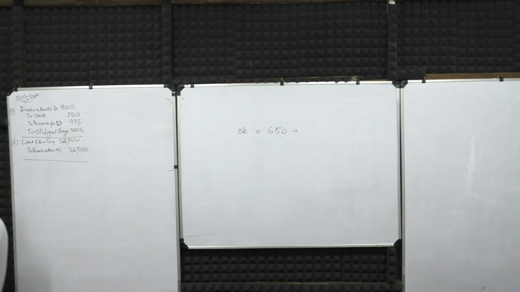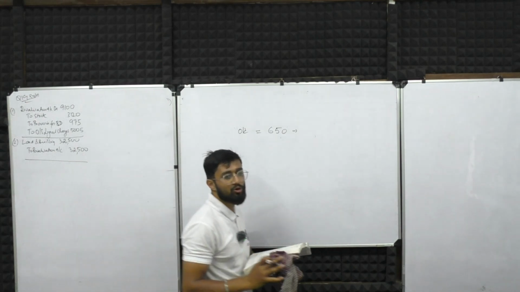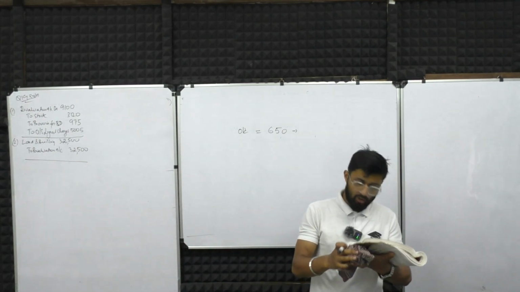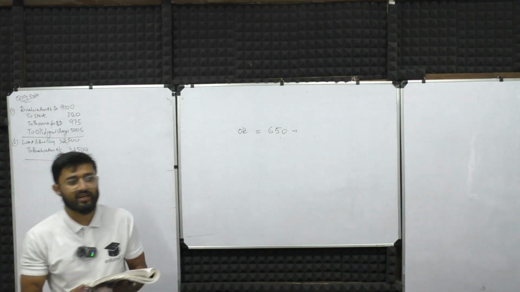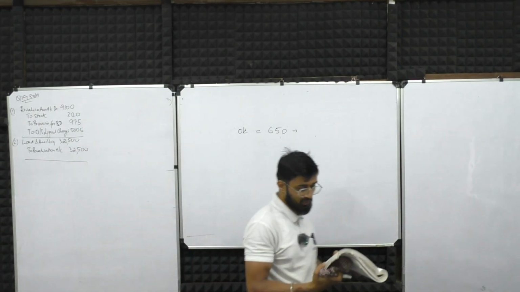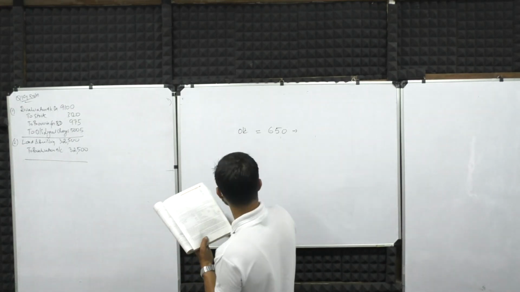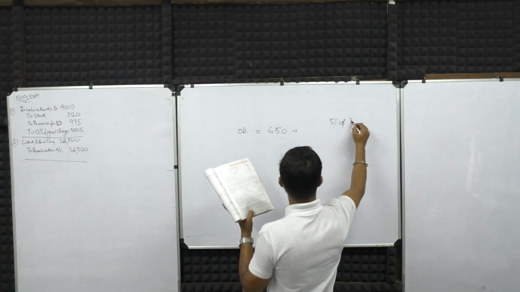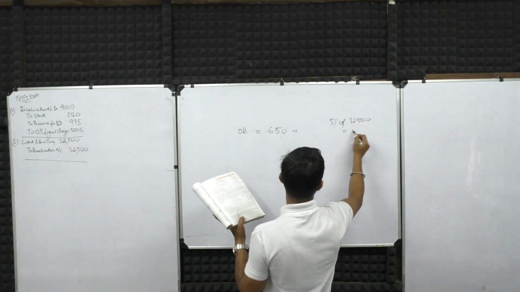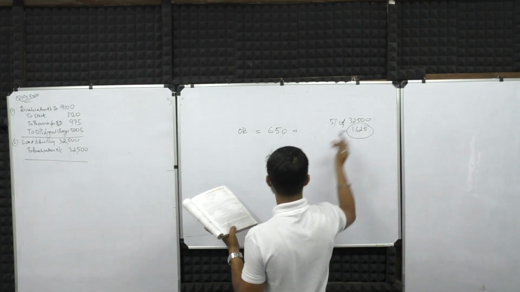Point number 2: that the reserve for doubtful debts, provision for bad debts, be brought up to 5% on debtors. 5% of 32,500 is 1625.